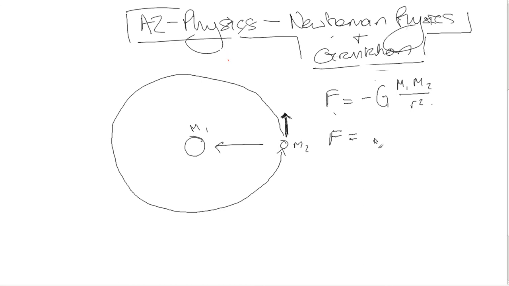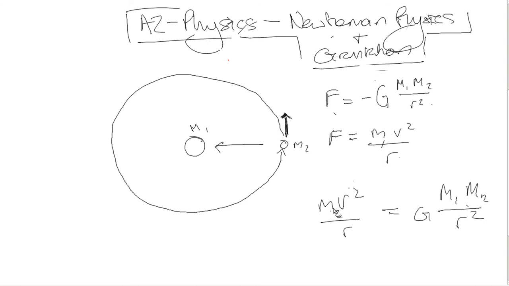And the way you work out the centripetal force is mv squared over r. And the reason why it's mv squared over r is because of circular velocity and circular acceleration. Let me quickly equate this stuff. So here we have mv squared over r is equal to G m1 m2 over r squared.